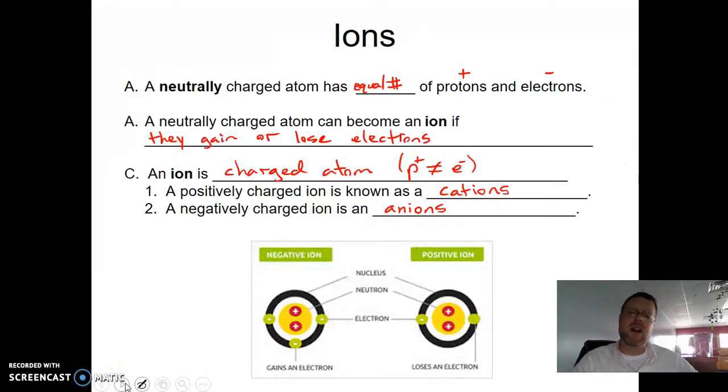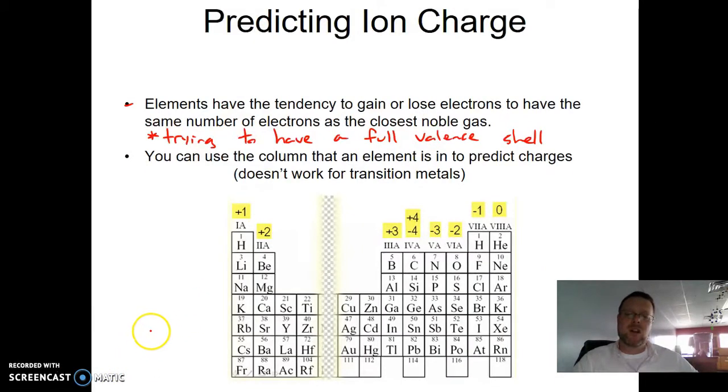Now, noble gases already have that. Noble gases have 8 valence electrons, at least most of them, and helium has a full first energy level with 2. So these are the elements that most other elements want to emulate in terms of trying to have the same number of electrons.